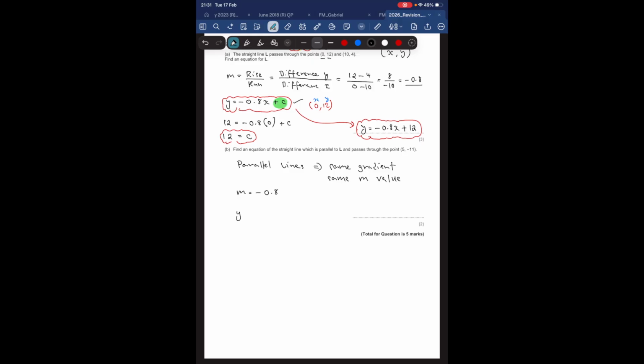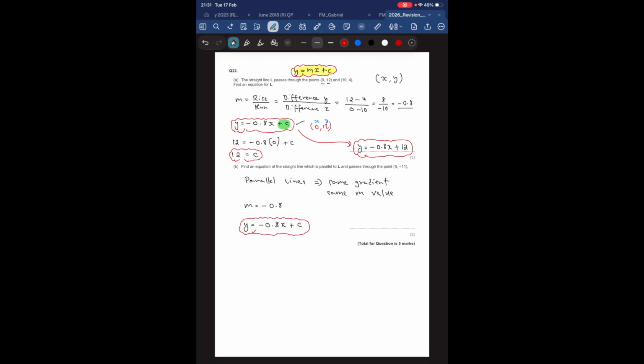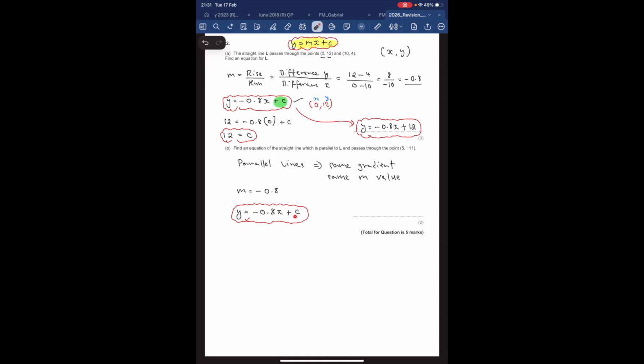So I can now write y equals minus 0.8x plus c. We're going to have a new c value because this is a new line. And we're using, again, the general equation of a straight line that we used above, which was y equals mx plus c. Now, to work out the new c value, we have to use the coordinate that we're given. The new coordinate tells us that when x is equal to 5, y is equal to minus 11.